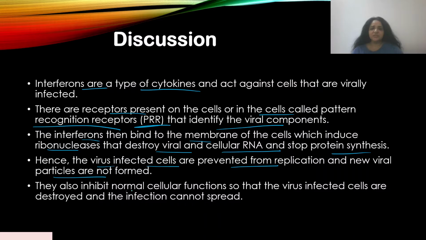So it inhibits normal cellular function so that the virus infected cells are destroyed and the infection cannot spread. The interferon not just affects the virus, of course that's its job, but it also affects the normal cellular function. But in turn, the virus will be destroyed and not move to the next cell and infect fresh new cells. So this is what interferon does.